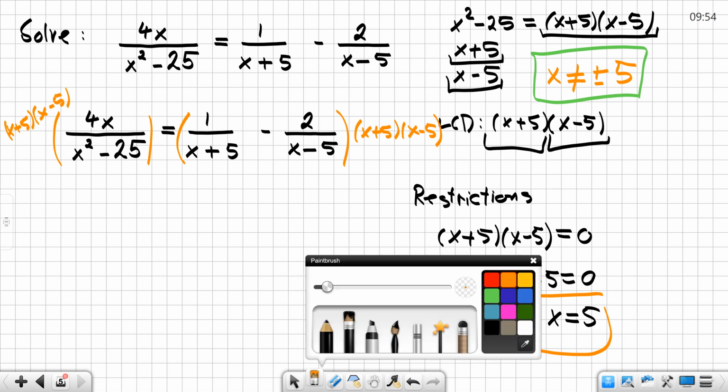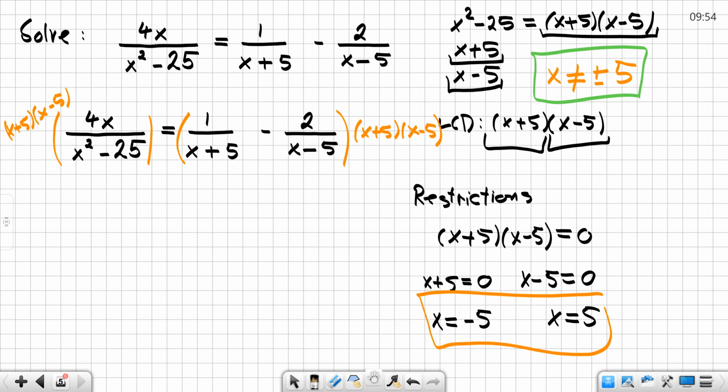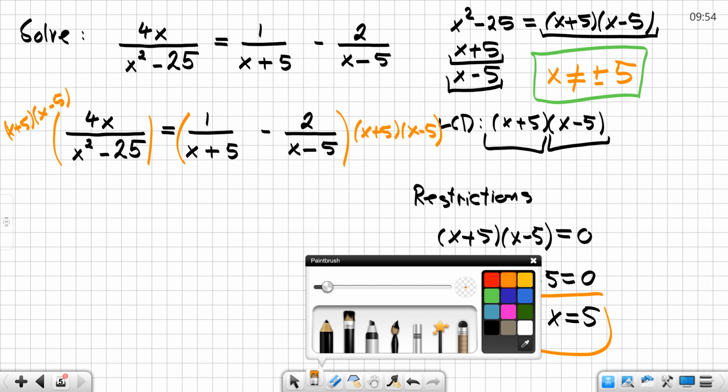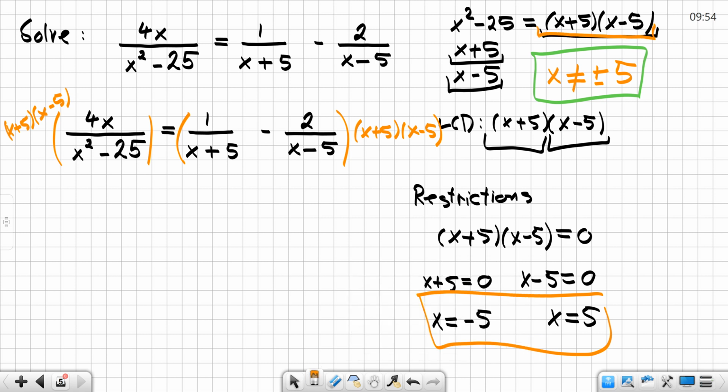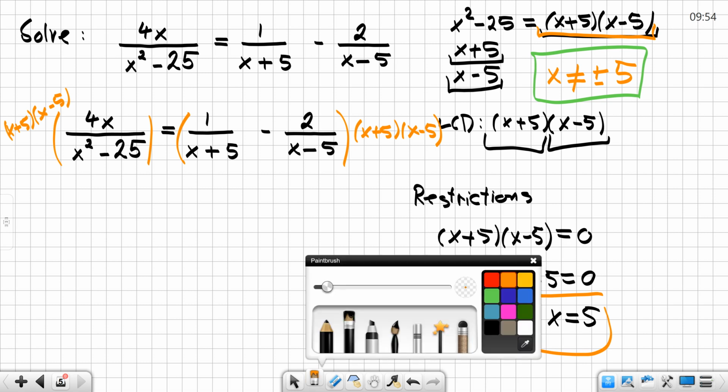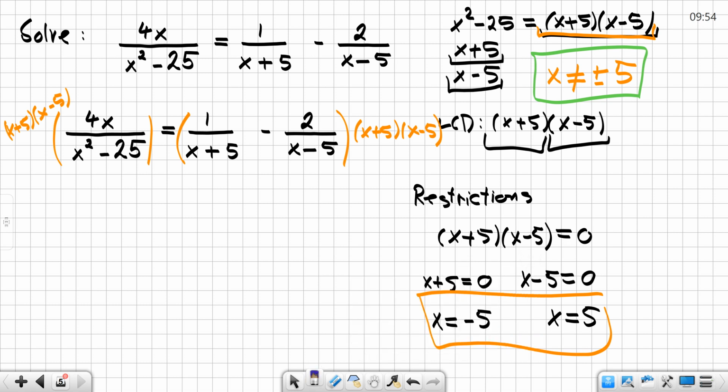Now, to make this a little bit shorter, on the left side right here, x squared minus 25, remember that in the factored form, that was x plus 5 times x minus 5. And that means that on the left side, this whole x squared minus 25 is going to cancel out. And I'm just going to be left with 4x.